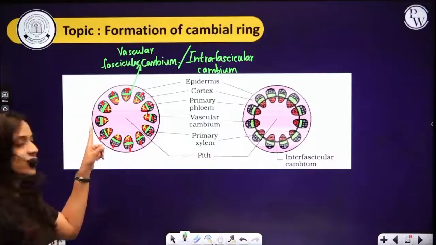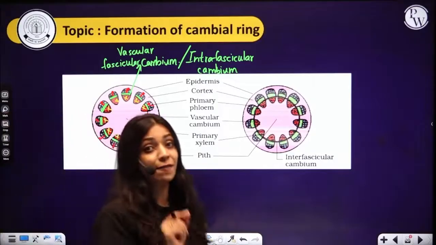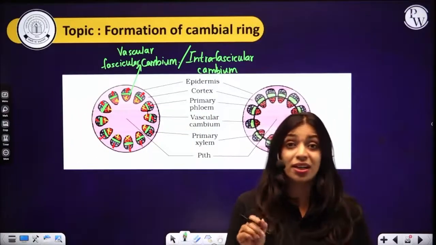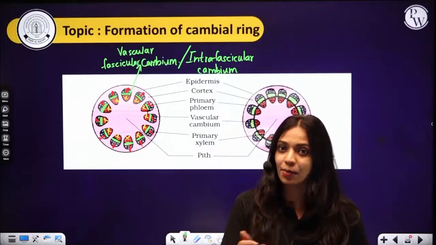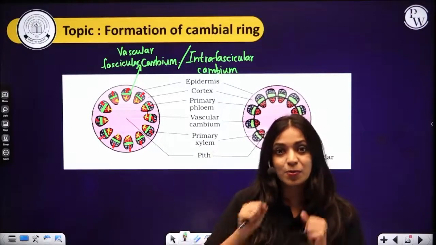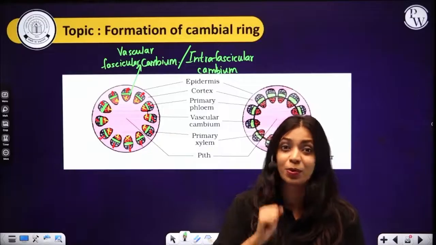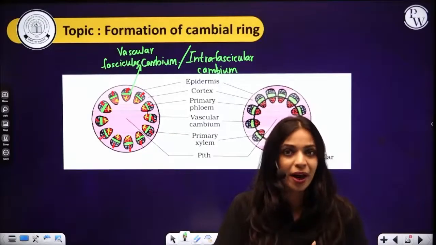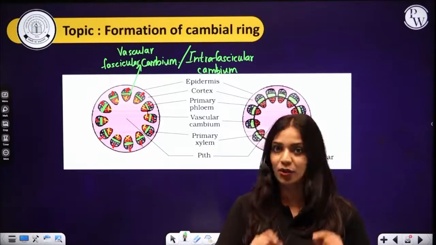Okay, so this is called intrafascicular cambium. Now what does the word intra mean? Intra means within. This cambium is present within the vascular bundle between the xylem and phloem. That is why we call it intrafascicular cambium.